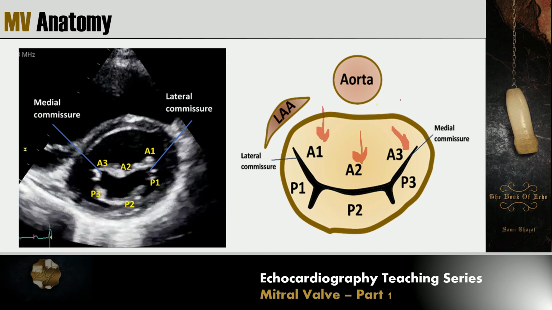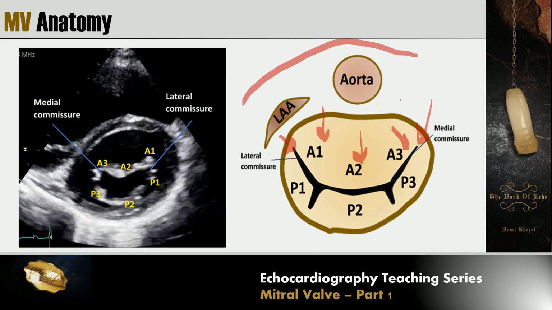Again, counting from lateral to medial. And then we have two commissures, the medial commissure and the lateral commissure. The commissures separate the mitral leaflets at the edges.